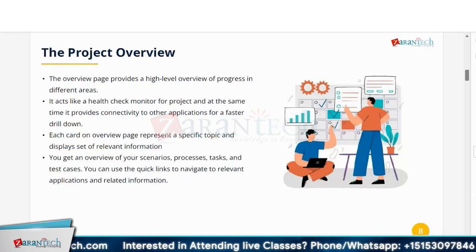Also from those cards or from the project overview, you can directly navigate. If there's a requirement card on your overview page, you can directly go to that requirement section, and you can then see the more detailed requirements, the details you want to see. Similarly, you can see it for tasks, features, user stories, whatever you have put in your project.